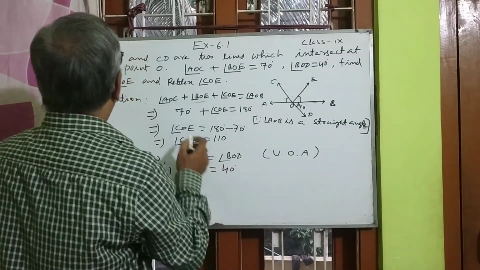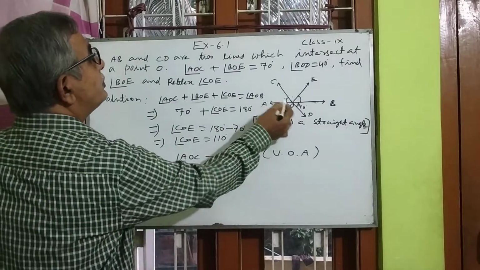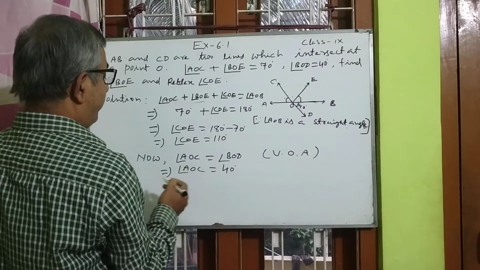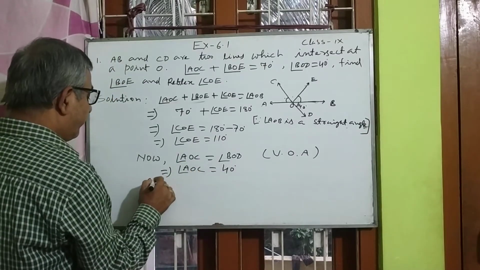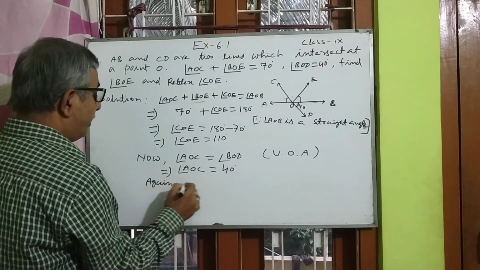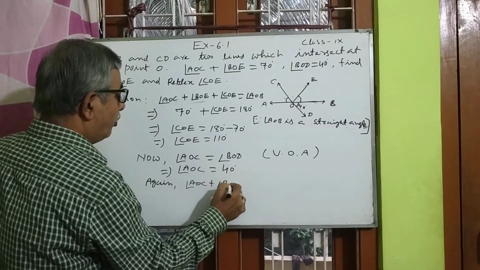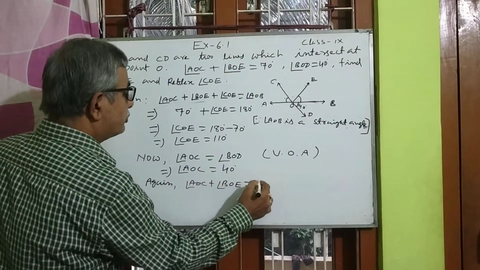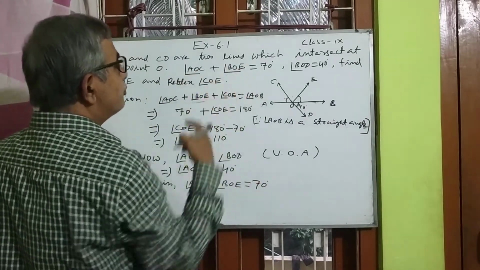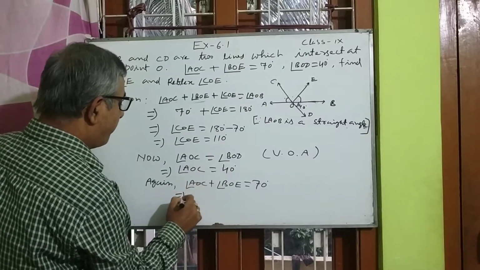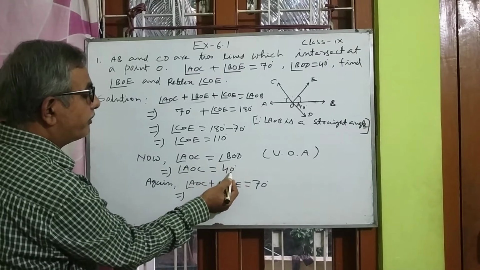So you see angle AOC you got. Again, AOC plus BOE is equal to 70 degrees, already given. So instead of AOC, you are supposed to write 40 degrees that you got.